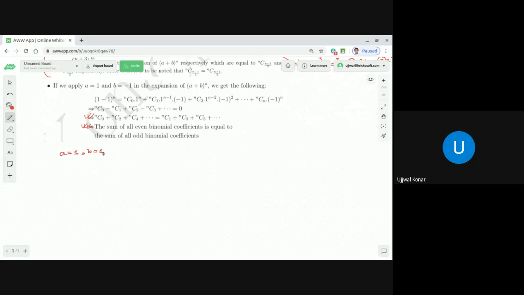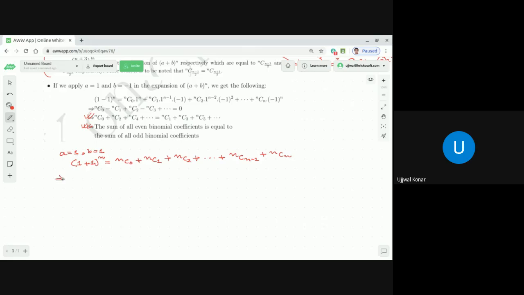Correct? Then what will happen? In the left hand side, it will be (1 plus 1) power n, dear students. And right hand side, it will be what? nC0, all will be power n, so plus nC1 plus nC2. In that way, it will continue till nCn minus 1 plus nCn. Correct, dear students? Yes.